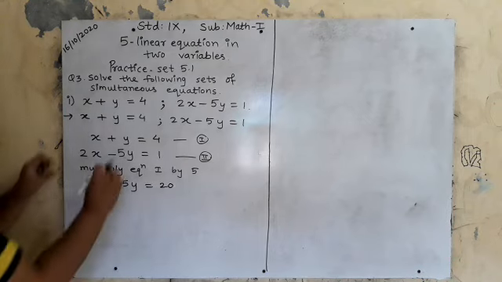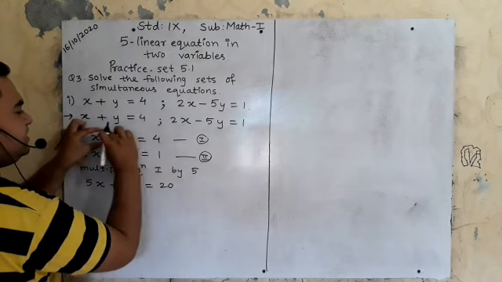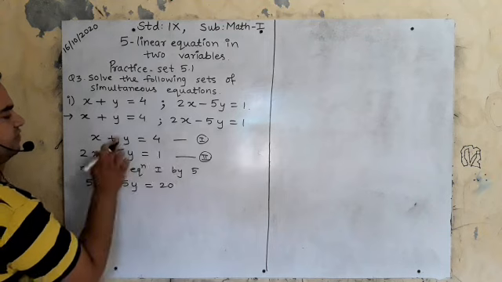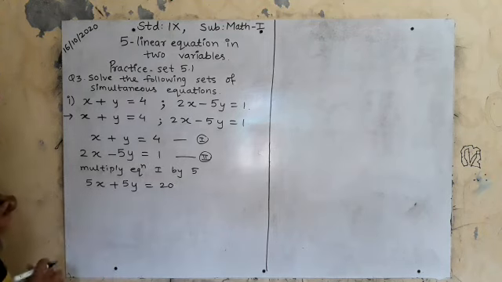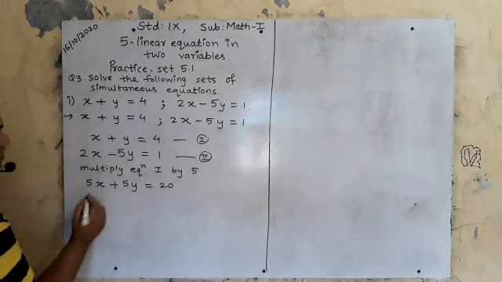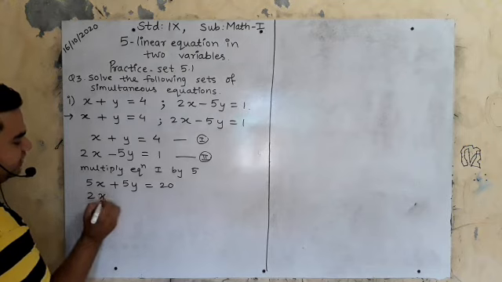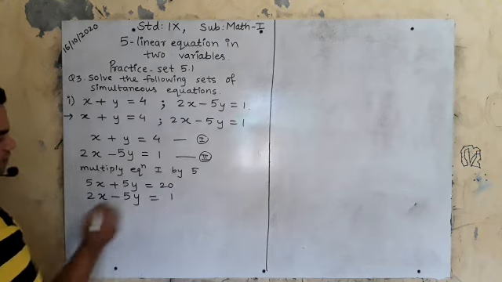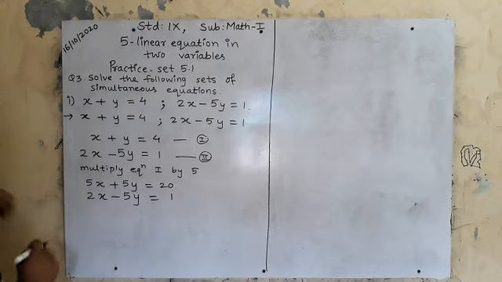Is it clear what you have done? You have multiplied the whole first equation by 5. Now you can write the second equation below it: 2x minus 5y is equals to 1. So this is your new pair of equations, right?